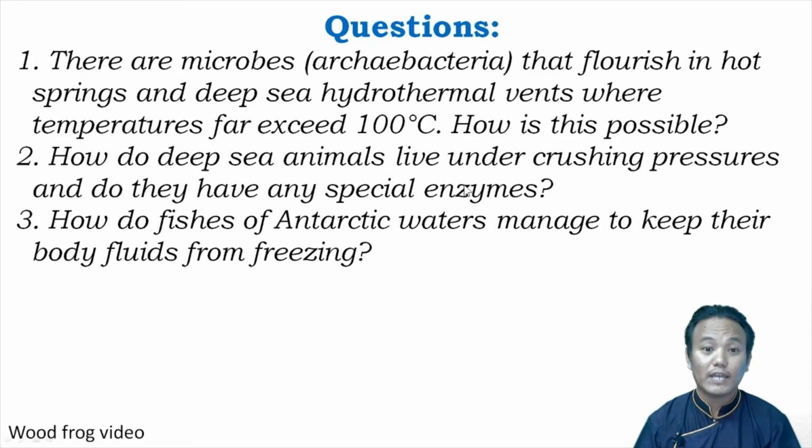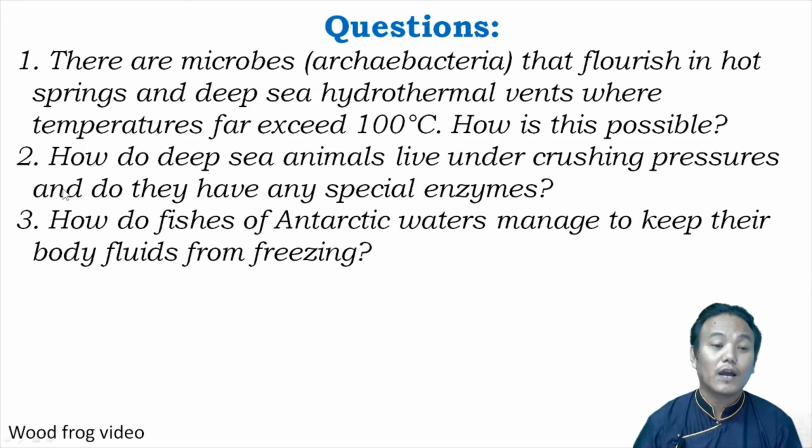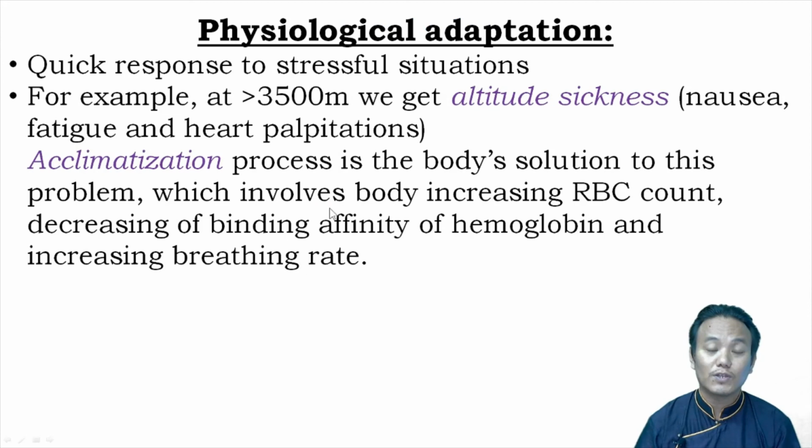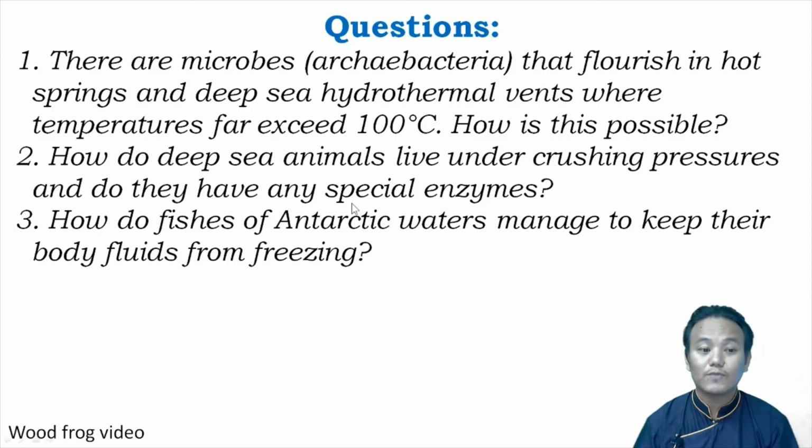Those animals found in the deep sea live under very large pressure, right? And how do they survive under crushing pressures? Do they have any special enzymes? That is the second question. The third question is, how do fishes of Antarctic waters, very cold waters, manage to keep their body fluids from freezing? Right. So these are 3 questions asked in your textbook with regard to physiological adaptations. You have to find answers for that.